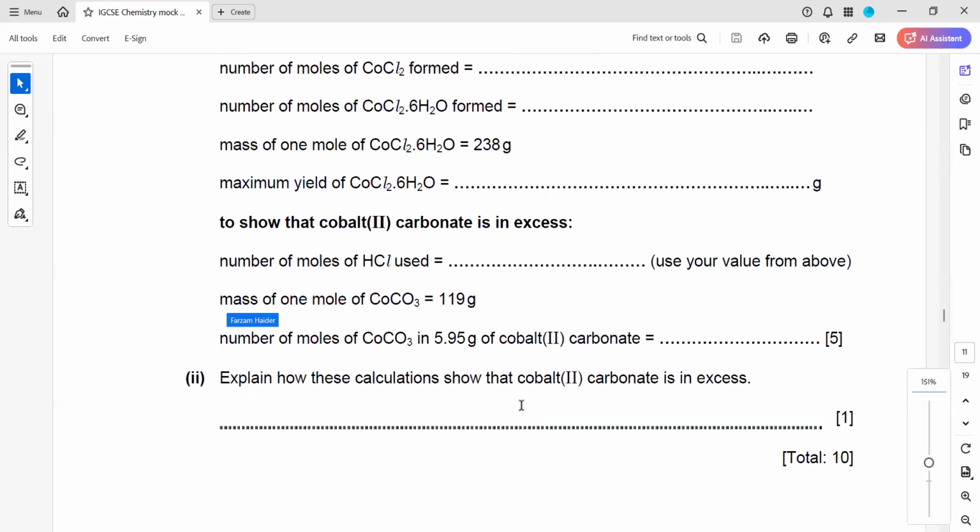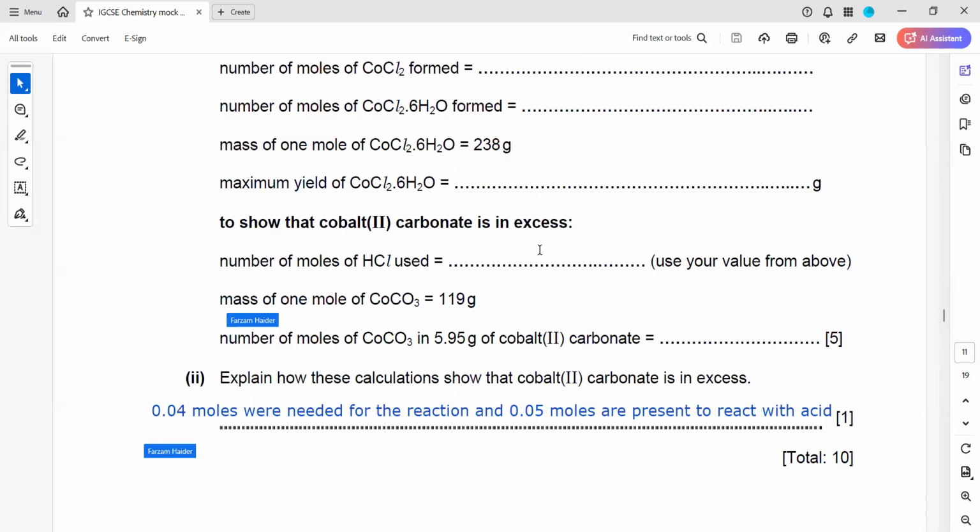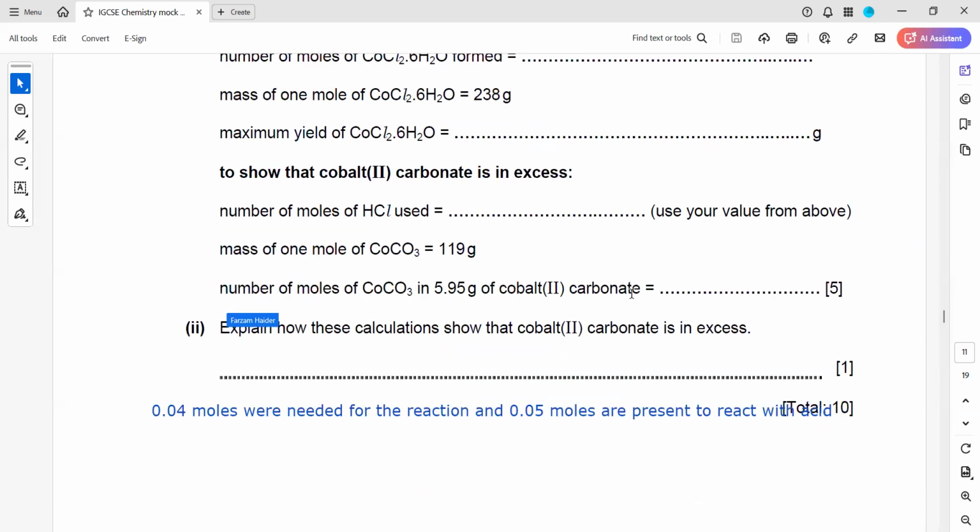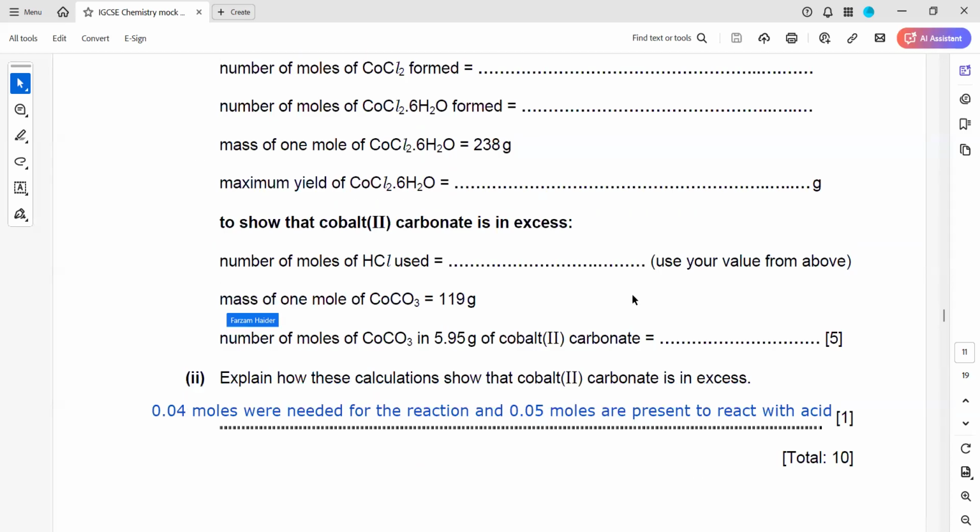So how does this calculation show that the cobalt carbonate is in excess? So you will say, because of the mole ratio. 0.04 moles were needed for reacting, or yes, you can also write that as well.